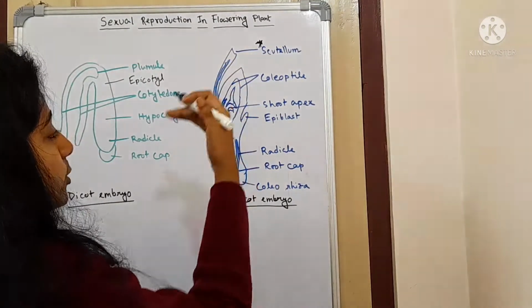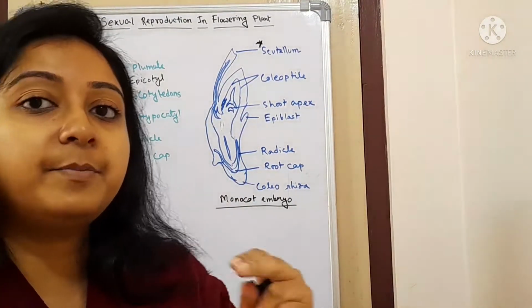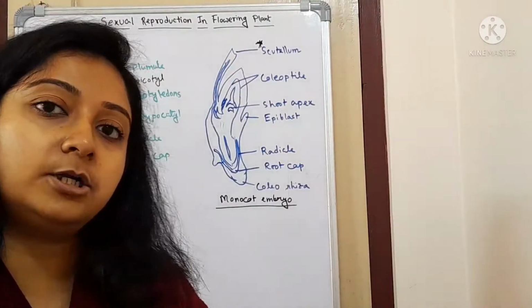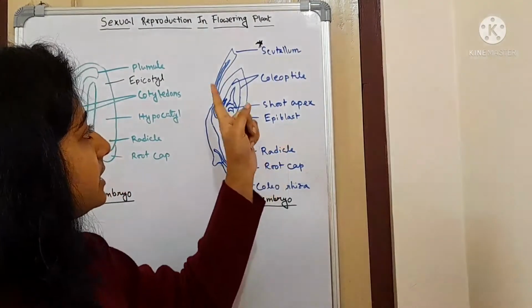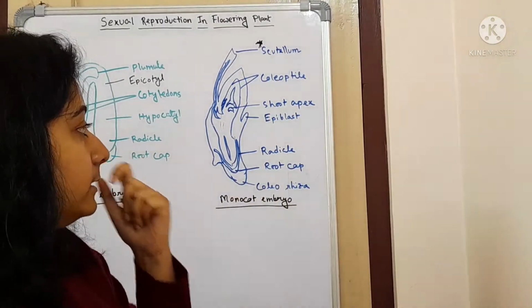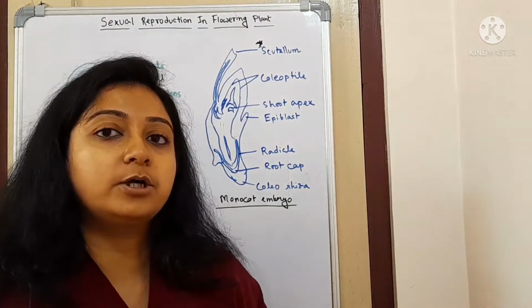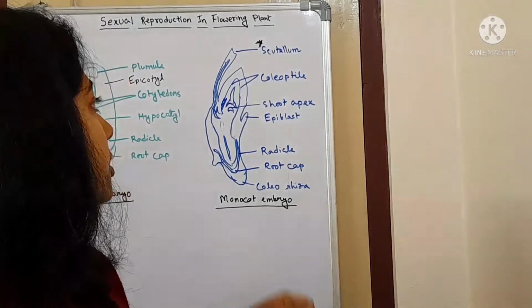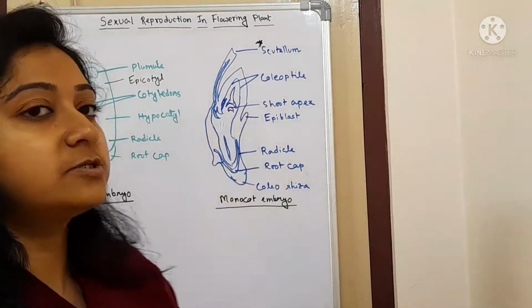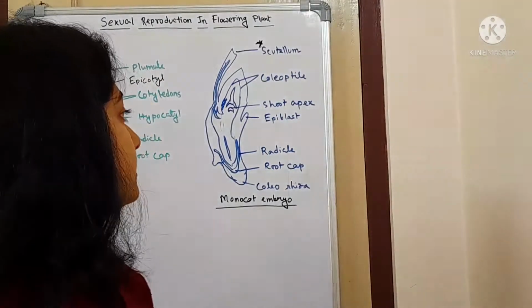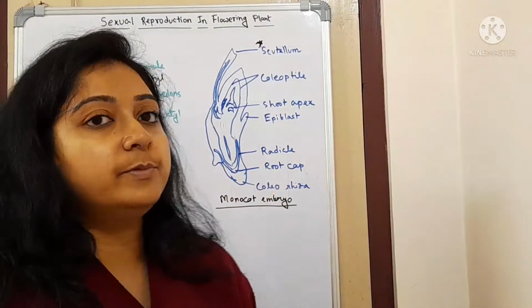Next come to the hypocotyl and epicotyl. As we know, epi means upper, so once again the upper cotyledonous axis is the epicotyl region, and the lower cotyledonous axis is the hypocotyl region. From the epicotyl region, once again the shoot apex will be formed, and from the hypocotyl region, once again the radicle and root cap will be formed.